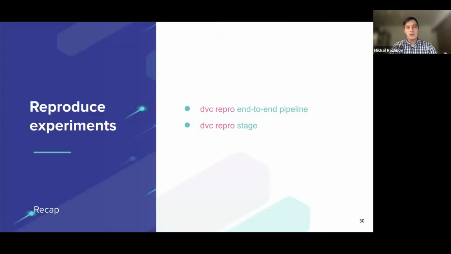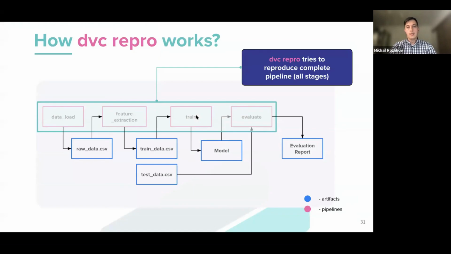And we have two options with DVC repro. First one, we can rerun or reproduce all our end-to-end pipeline. The second one, we want to reproduce only one stage. In both cases, it was the same. We just, for stage, we specify the name of the stage we want to reproduce, and that's it. Without it, DVC will try to reproduce the whole pipeline.